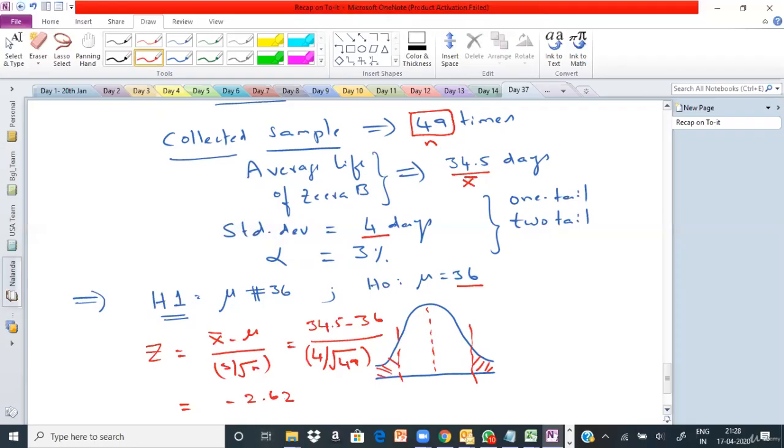Now your Z value is coming as negative because your x bar is on the left hand side of the mu. This is 36, your x bar is 34.5. Since it is on the left hand side, naturally your Z value will also be negative.